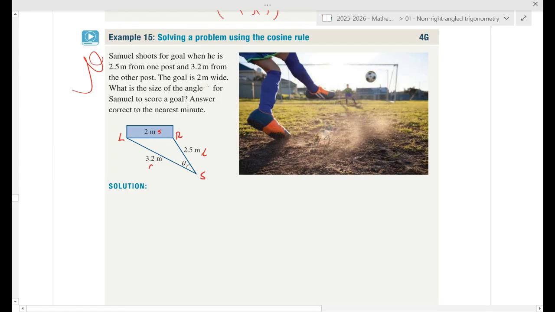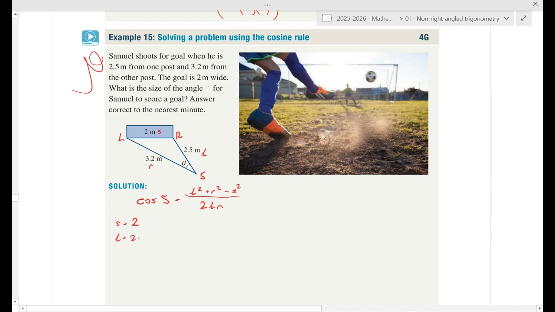So in this particular one, we are looking for cosine of S equals L squared plus R squared minus S squared over 2 times L times R. All right, so do we know what little s is? Yes, we do. It is 2. Do we know what little l is?